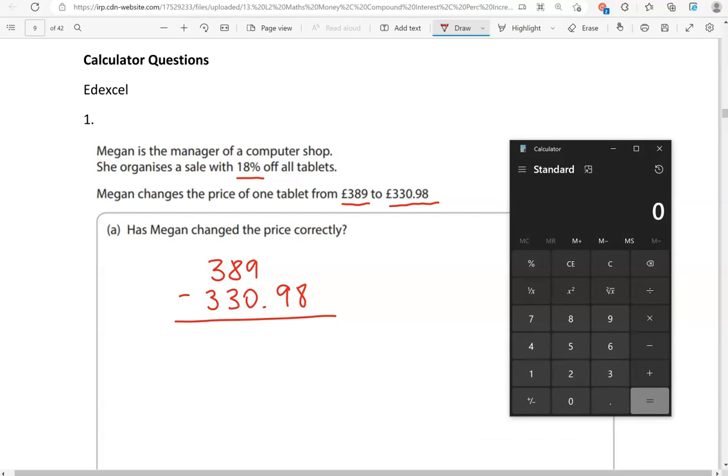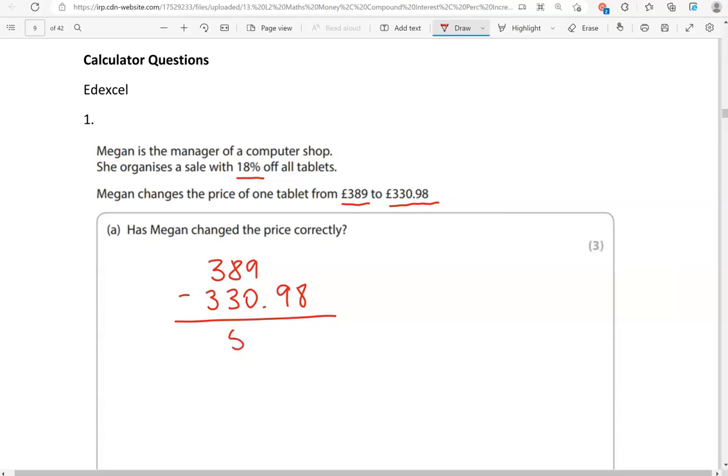So 389 take away 330.98 gives us £58.02. Now this is £58.02 out of the original price, which was £389.